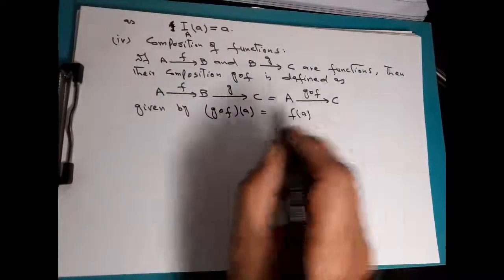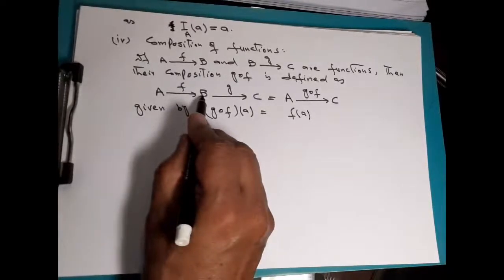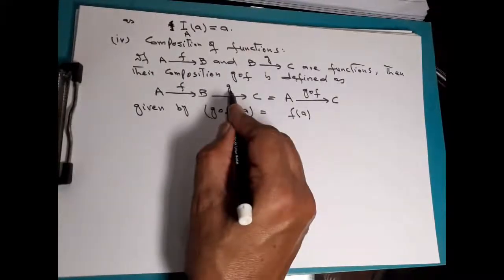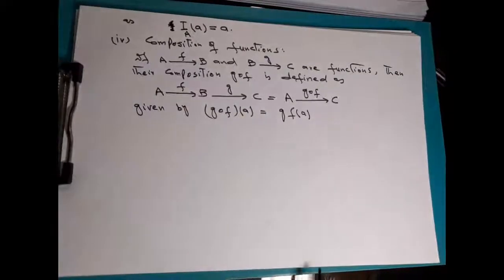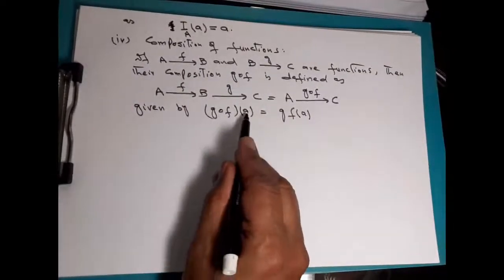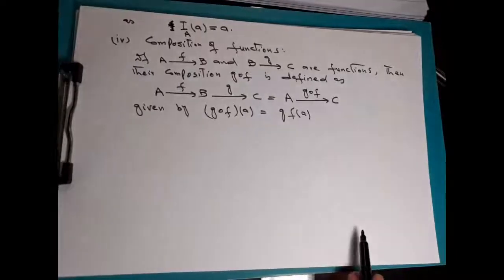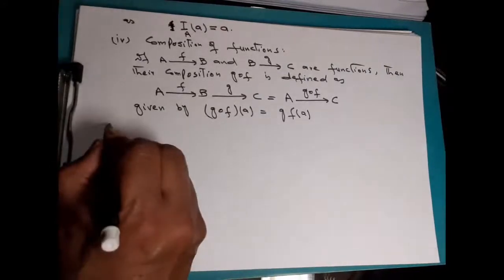We will get an element in the set B, and then we apply function g on f(a), g(f(a)). So (g circle f)(a) is equal to g(f(a)). So this is the way we define composition of two functions.